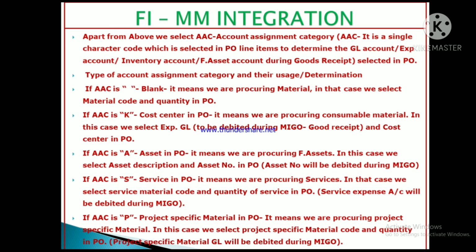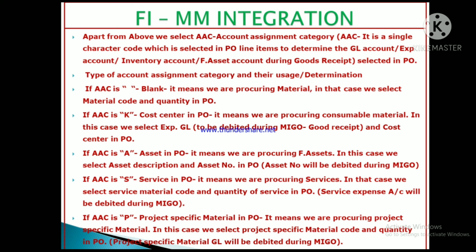The next account assignment type is A, and it is for asset. This account assignment type A we will select in a PO. It means we are going to procure a fixed asset. In this case, we select the asset description and asset number in a PO, which we are going to debit at the time of MIGO.